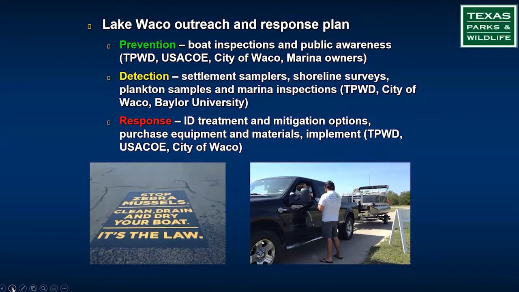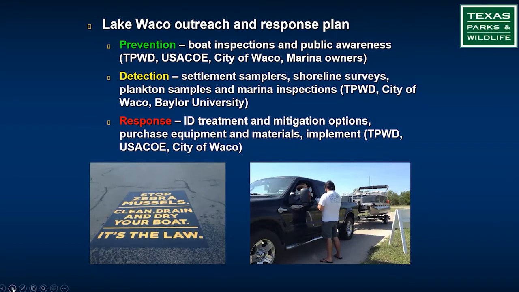So this was our plan, and I just wanted to go over that quickly so that you understood where we're coming from. We had prevention, detection, and response components. The prevention was boat inspections and public awareness, and those are our partners there. I'll detail a little bit about that, but we had the city of Waco with some interns out at the boat ramps informing people about clean, drain, dry.